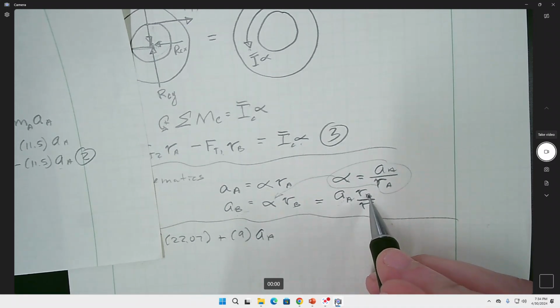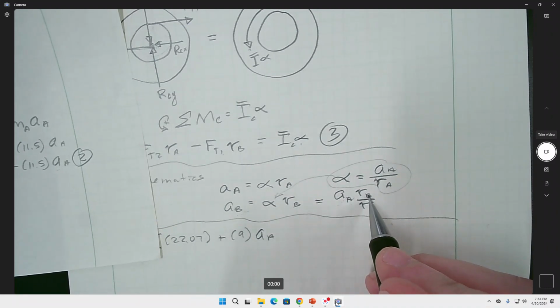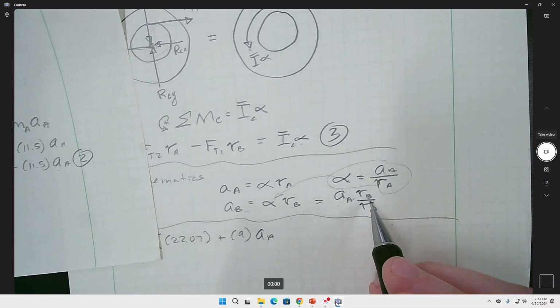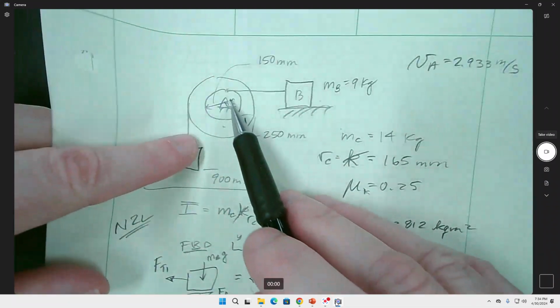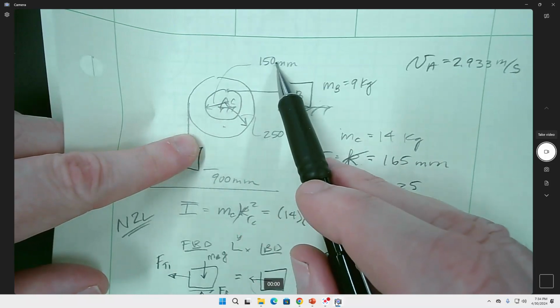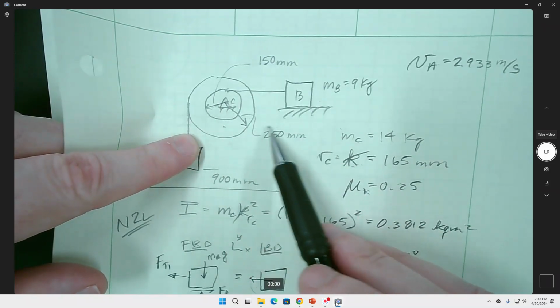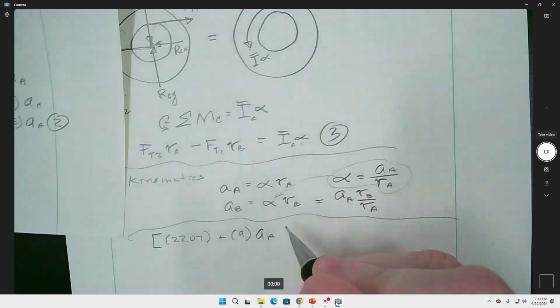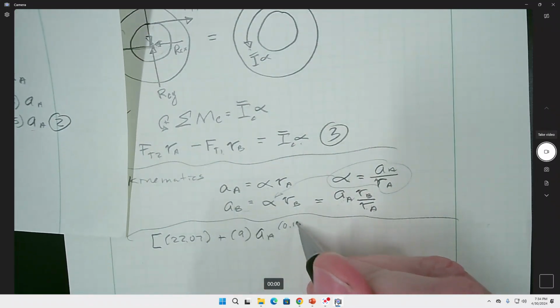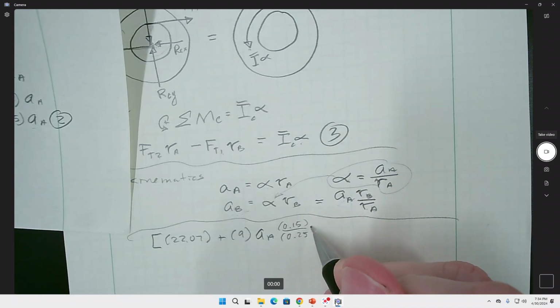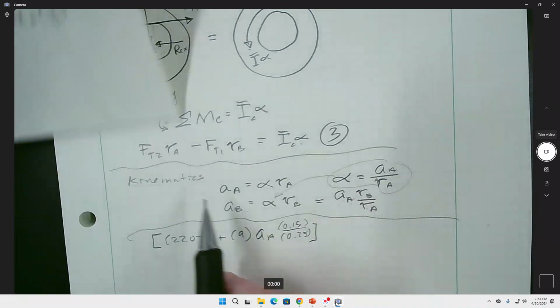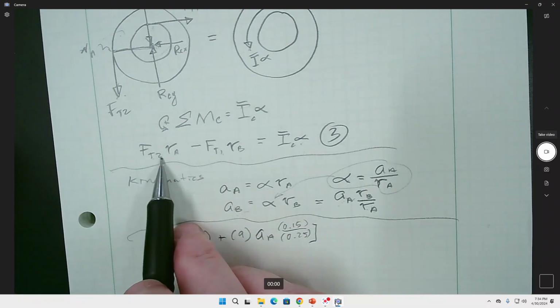So we want RB, which is smaller, that's the 150 over the 250 right there, right? RB over the larger one. So I go 0.15 over 0.25. Now I have that part right in there.